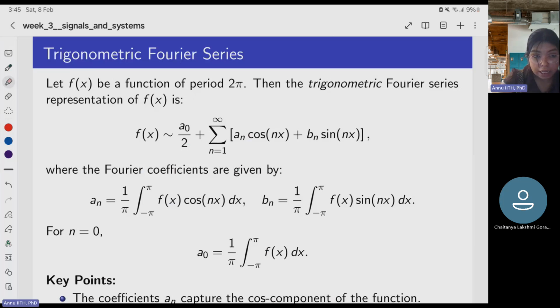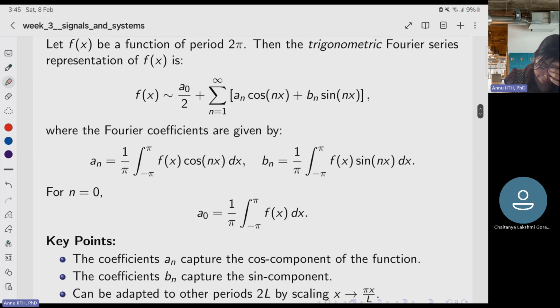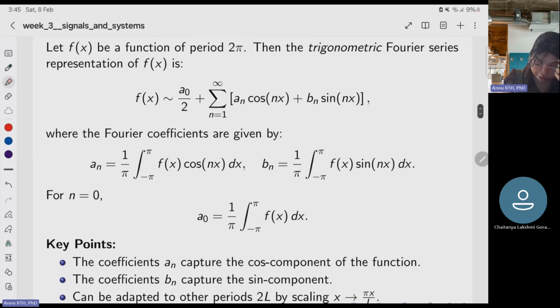Here an is associated with the even terms, and bn with the odd terms. an is 1 by pi, integration over minus pi to pi of f(x) cos nx dx, whereas bn is 1 upon pi, integration over minus pi to pi of f(x) sin nx dx, and a naught is 1 by pi, integration from minus pi to pi of f(x) dx.